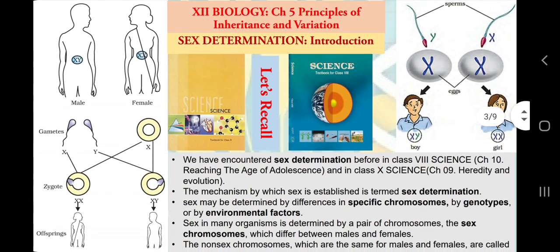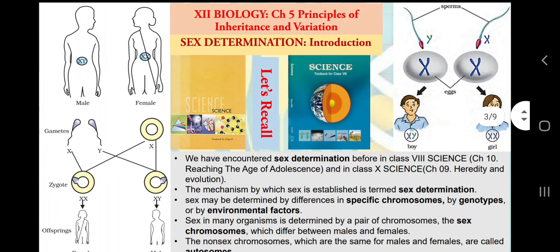So this slide is representing how many times we have encountered this very simple basic concept. First we encountered the topic of sex determination in human beings in class 8th in chapter 10, reaching the age of adolescence.